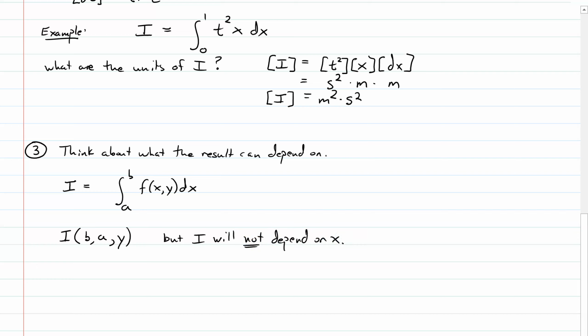Why not? Because when I have a definite integral, first I take the integral, and then everywhere I have x, I put in b, and then I subtract everywhere I have x, I put in a. So the x disappears from my answer when I have a definite integral. So you can think about this definite integral as some kind of operation which gets rid of the integration variable.